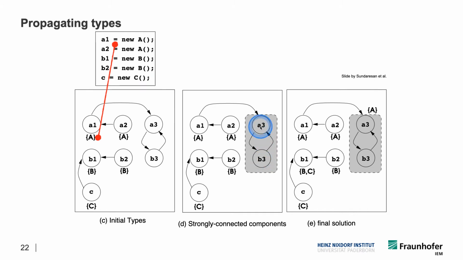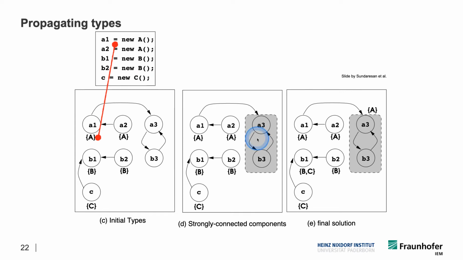And such nodes here, if you take a look at them, or such components, we can treat them as a single node. Why is that? Because we know that once we propagate any type into this node, by definition of the SCC, it's going to reach all the other nodes in the SCC as well, right? So that means within an SCC, every node is equal, and therefore we can just treat them as one. And if we do that, that actually speeds up the algorithm, right? So basically, these nodes are being collapsed into single nodes.